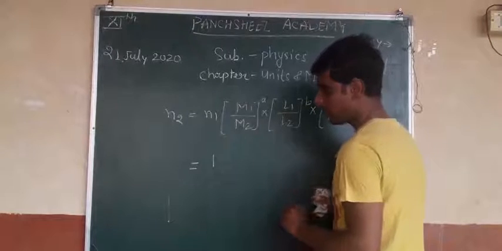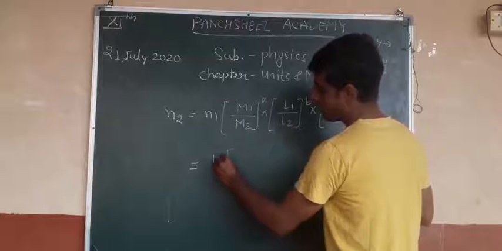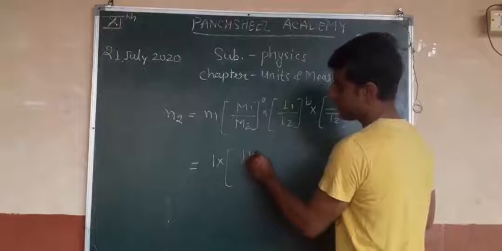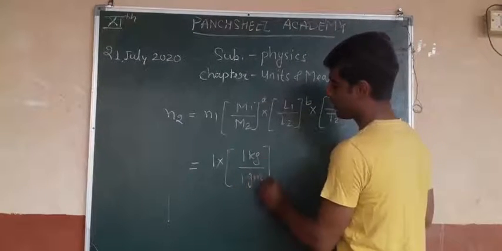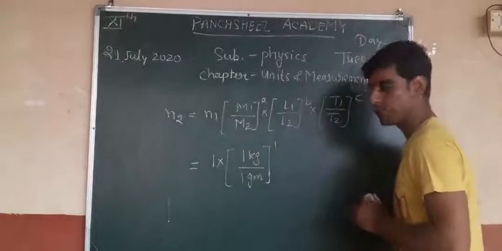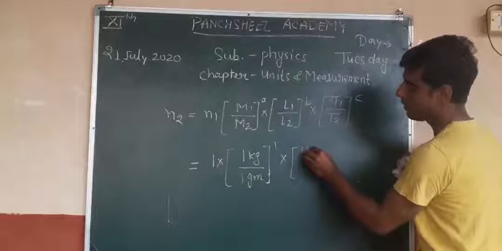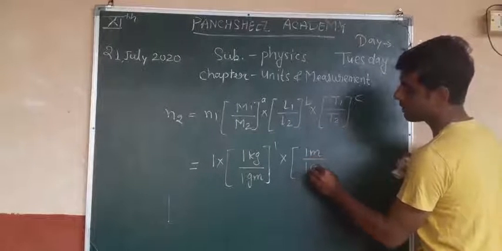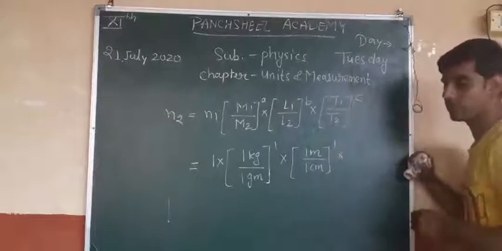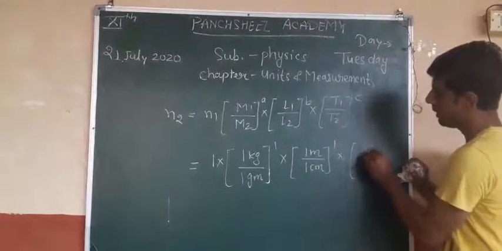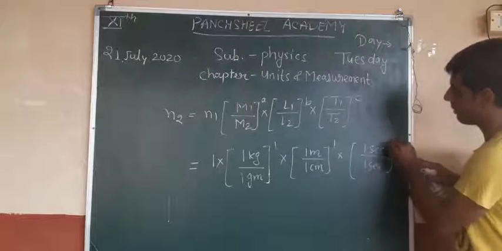That is 1 Newton. Now what is M1? M1 is 1 kg. And what is M2? 1 gram. What is the value of A? That is 1. Now what is L1? L1 is 1 meter. And what is L2? 1 centimeter. And whole power 1, because the value of B is 1. Now T1 is 1 second and T2 is also 1 second. And power is minus 2.